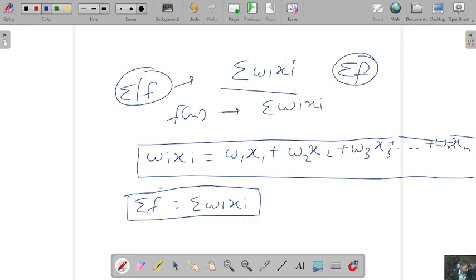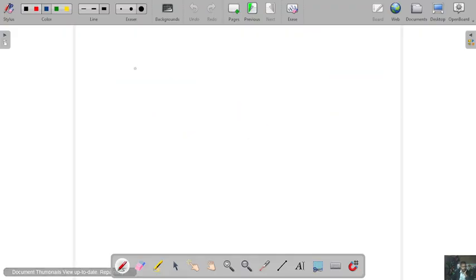So after this summation we apply activation function. So this is x1, x2 and x3 and xn.